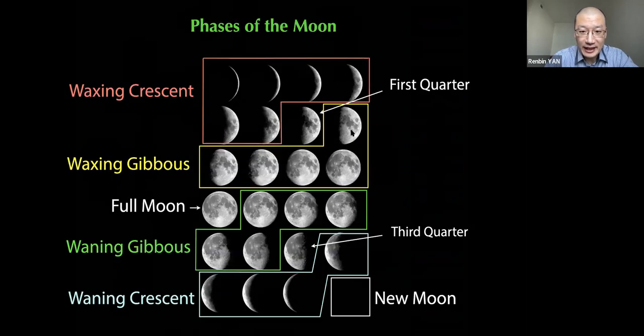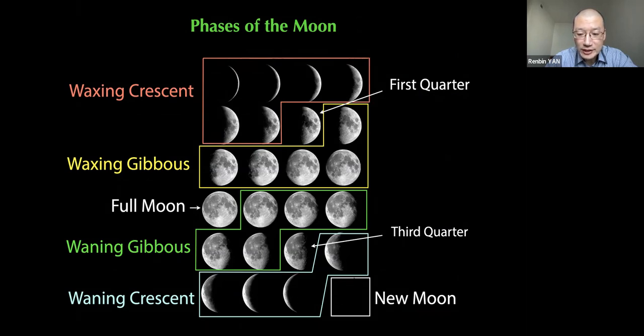And that is the outer circle, and we have waxing crescent for the first 6 or 7 days, and then you have the first quarter moon with 1/2, and then you have waxing gibbous, and then you have full moon, and then waning gibbous, third quarter moon, waning crescent, and then new moon.